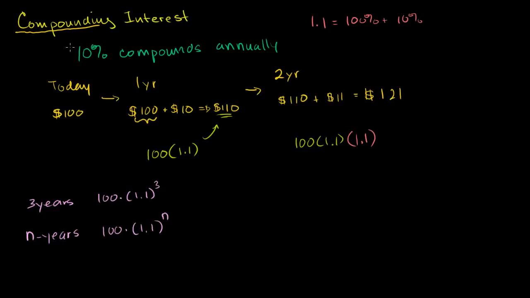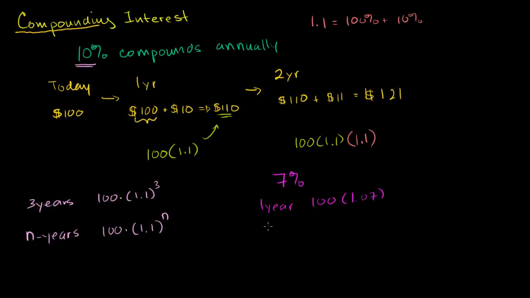And that's if we're dealing with 10%. If we were dealing in a world with, let's say, 7%, a different reality where we have 7% compounding annual interest, then after 1 year we would have 100 times, instead of 1.1, 100% plus 7%, or 1.07.